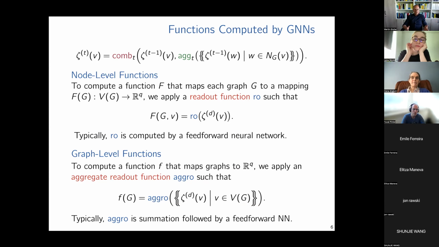This way we can compute functions, and of course we can learn the parameters of all these individual things, the combination, the readout, this aggregated readout. If we apply a message function in addition, we can also learn its parameters. So that's the basic model. It's a very simple distributed algorithm: we send messages to the neighbors, receive messages from the neighbors, and then update states.